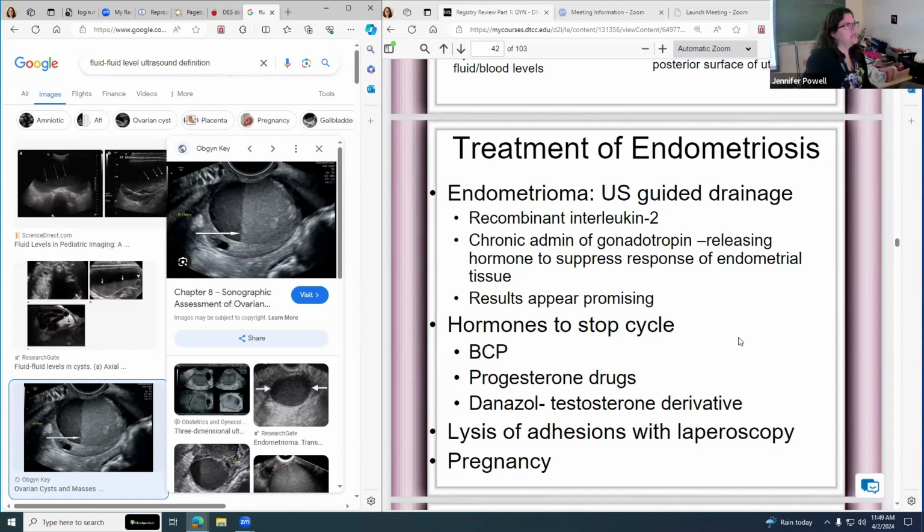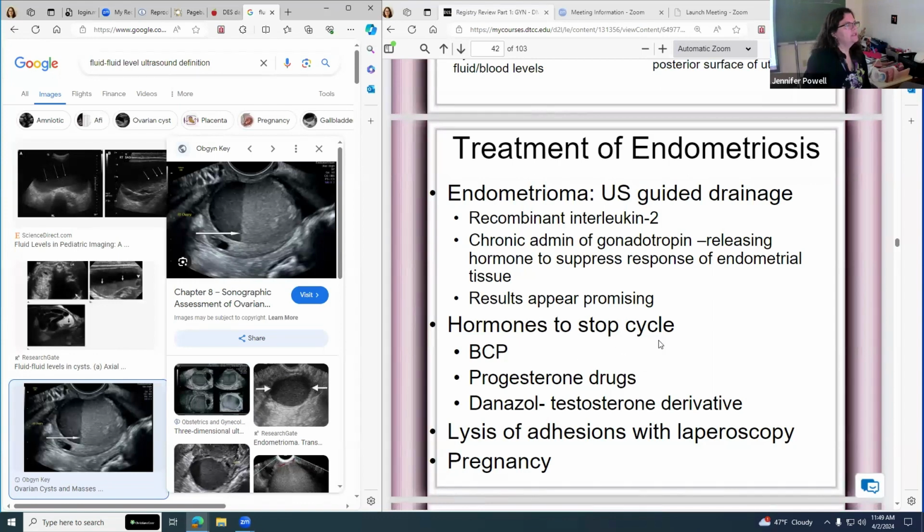So I guess this is a gonadotropin that's released from the pituitary. So they must inject it, suppressing the estrogen so that it has a chance to heal. And results appear promising, which is good.